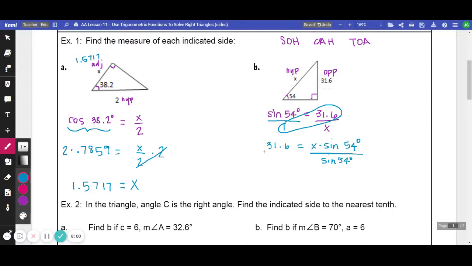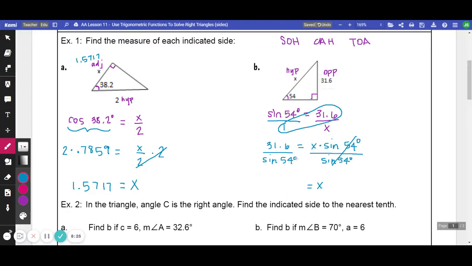If I do it on one side, then I have to do it on this side. So sine of 54 over sine of 54 simplifies to 1. So I just have 1x equals, and this you can type in exactly as is: 31.6 divided by the sine button, 54.